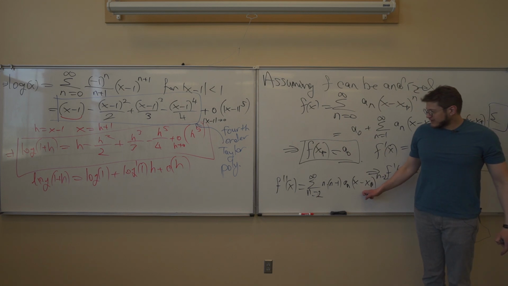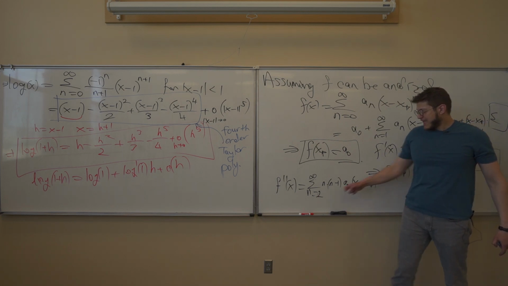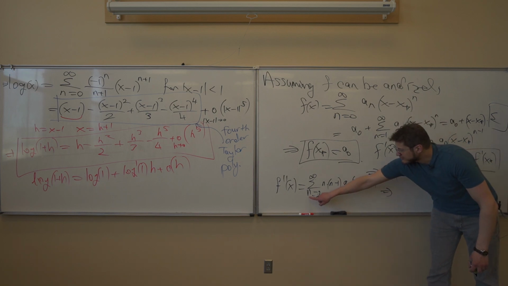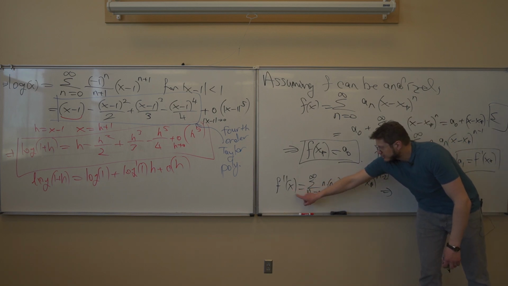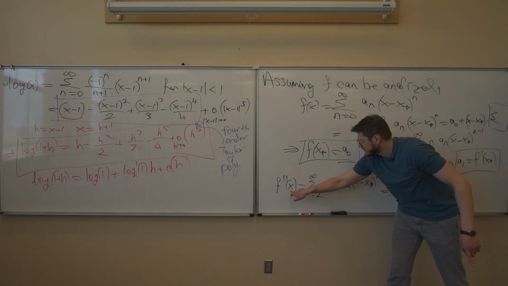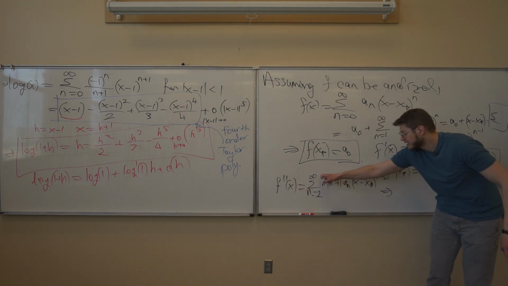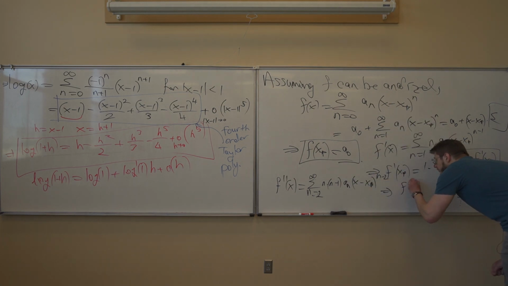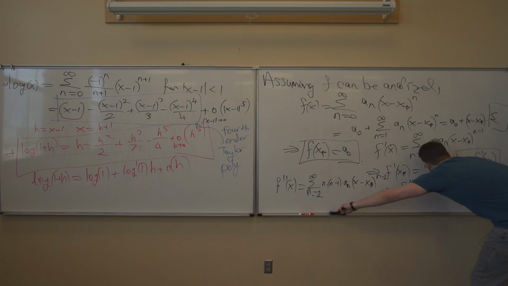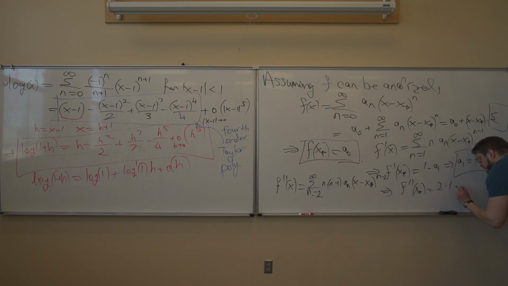Again, all but the 0th order term vanishes if I plug in x equals x star, which means the only term that survives is when n equals 2. In which case, f double prime of x star equals 2 times 1 times a sub 2. So a sub 2 really is f double prime evaluated at x star divided by 2 factorial.